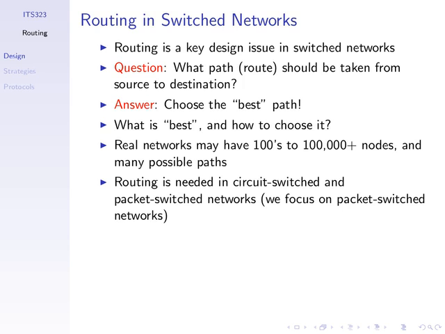Routing is needed in both circuit switched and packet switched networks, so it applies to both. Both we need to choose a path. It's just that in this lecture and subsequent topics, we're going to focus mainly on packet switched networks, but the concepts also apply in circuit switched networks.